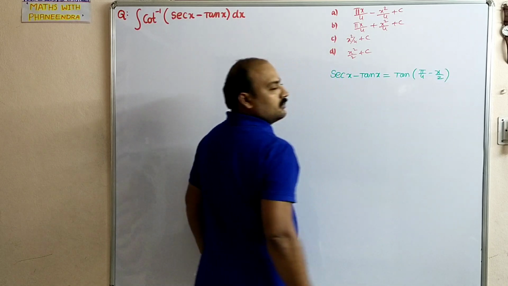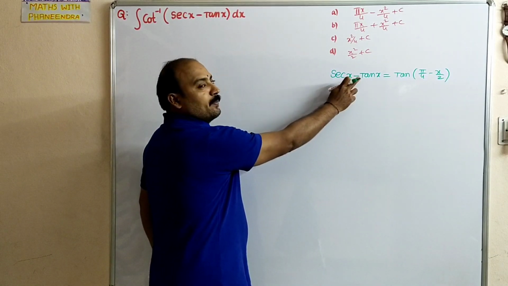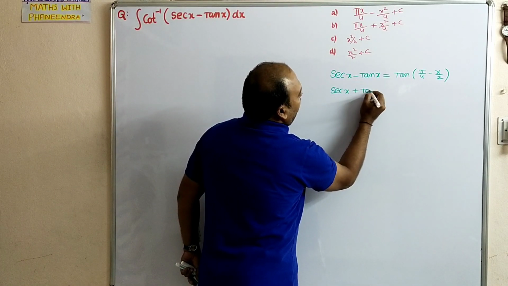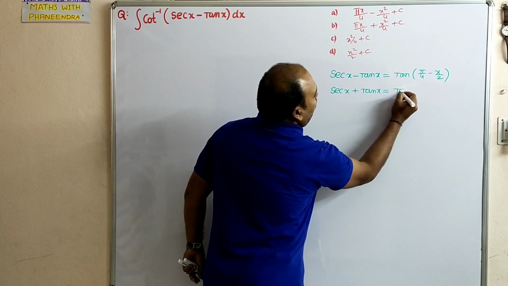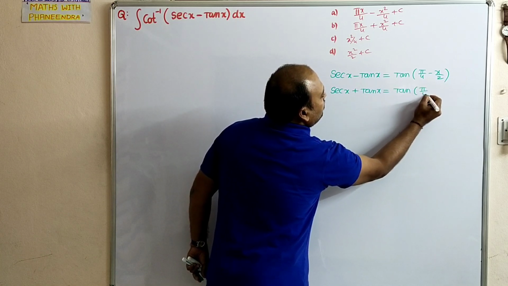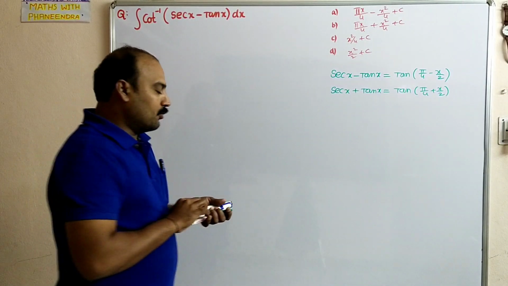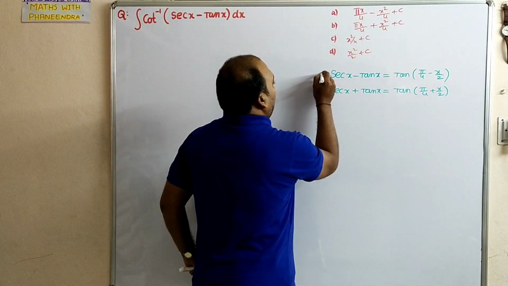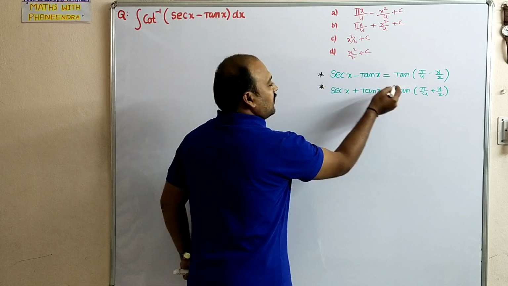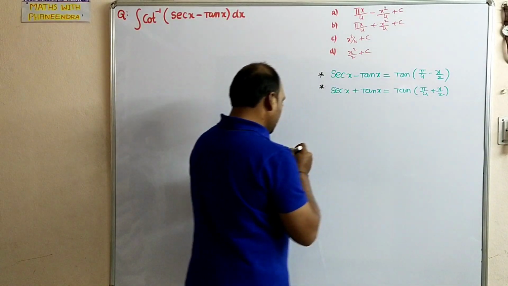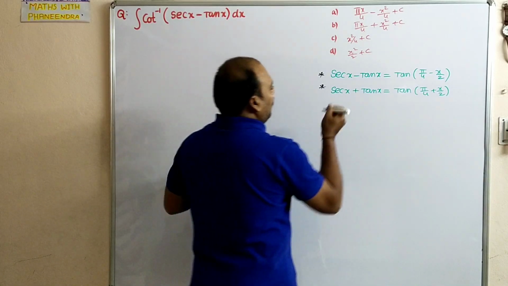You remember that. Suppose if it is plus, secant x plus tan x is equal to tan of pi by 4 plus x by 2. Keep in mind both the formulas are very important. Wherever secant x minus tan x or secant x plus tan x is there, you have to replace directly with these values.